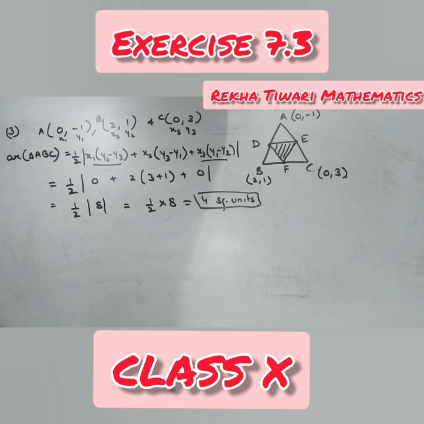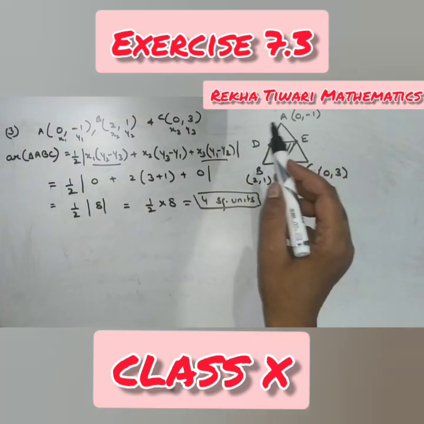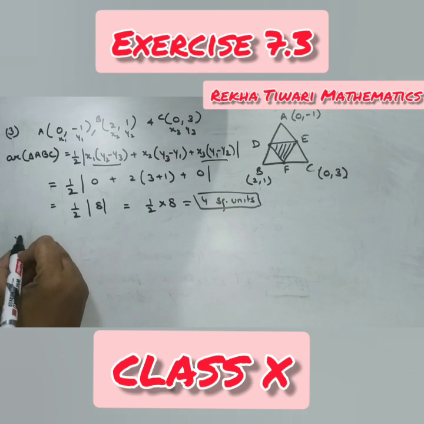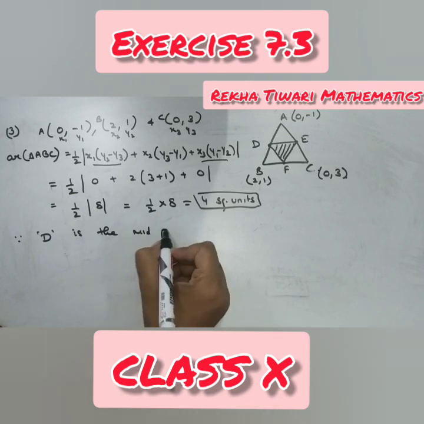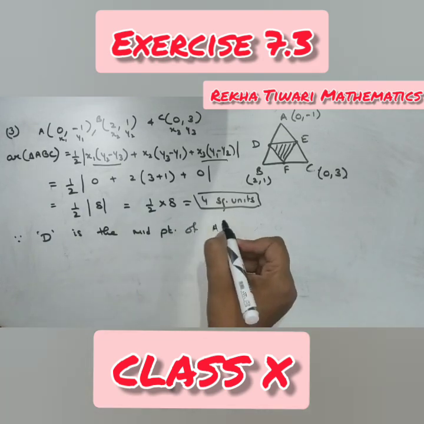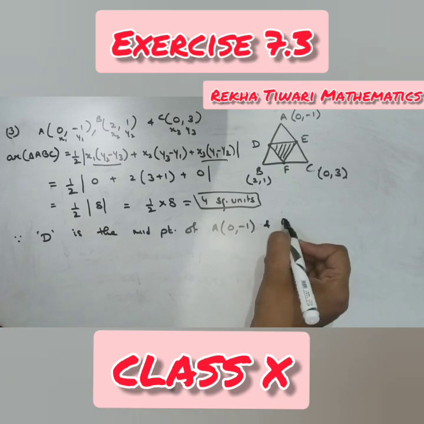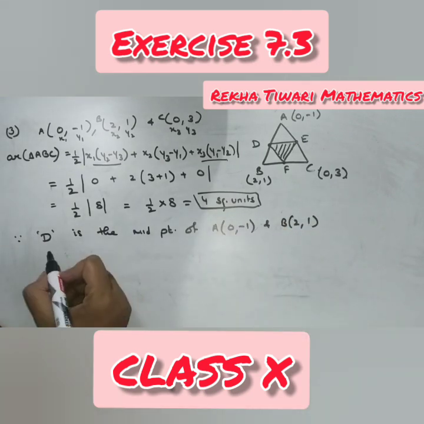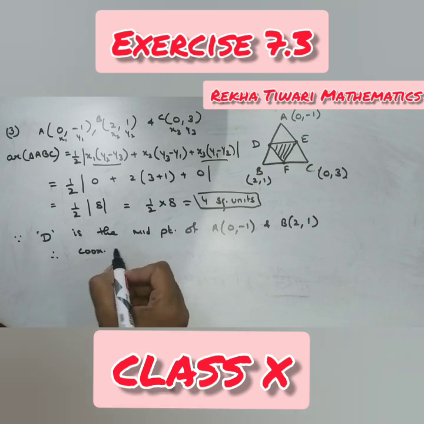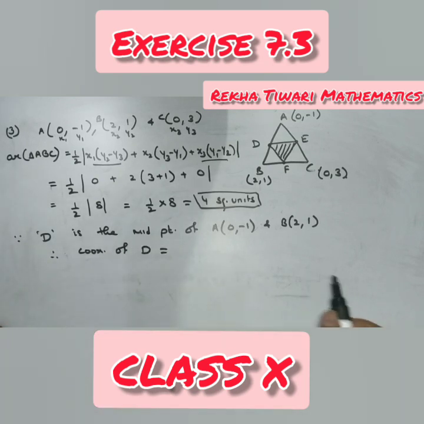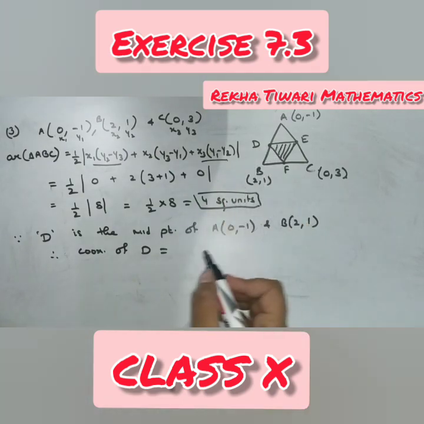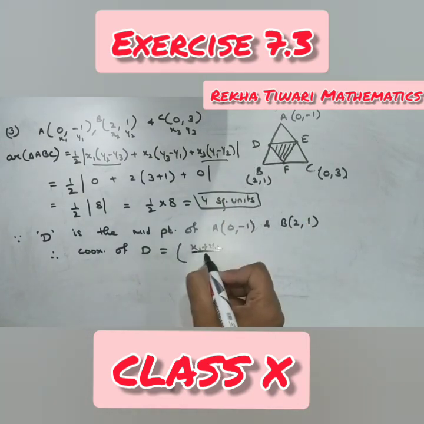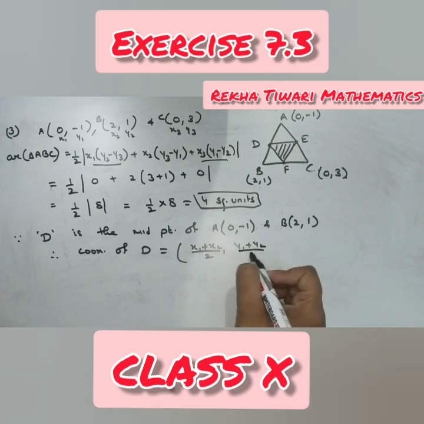Now for finding the area of triangle DEF, we have to find out the coordinates of D, E, F. See, since D is the midpoint of A(0, -1) and B(2, 1), therefore the coordinates of D is equal to, if you remember the formula I have told you in the section formula, that if any point of division is the midpoint of the given line, the formula is (x1 + x2)/2, (y1 + y2)/2.